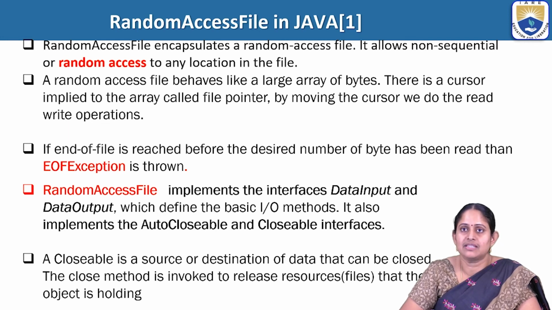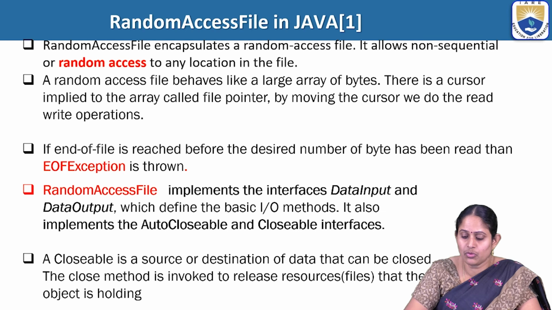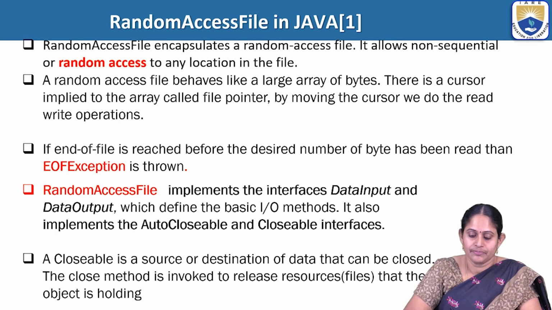It implements the interfaces DataInput and DataOutput, which define the basic I/O methods. It also implements the Closeable and AutoCloseable interfaces. Using the seek method, we can move the file pointer for reading and writing operations.